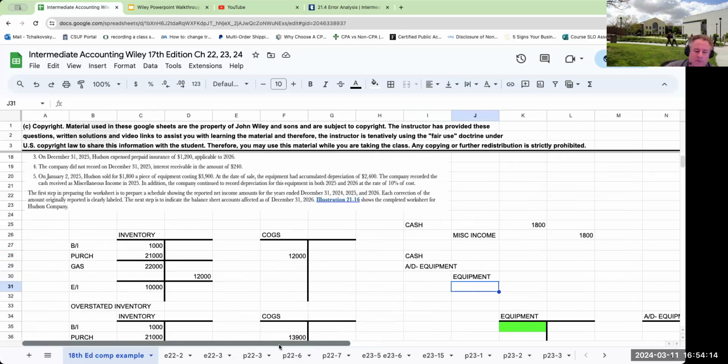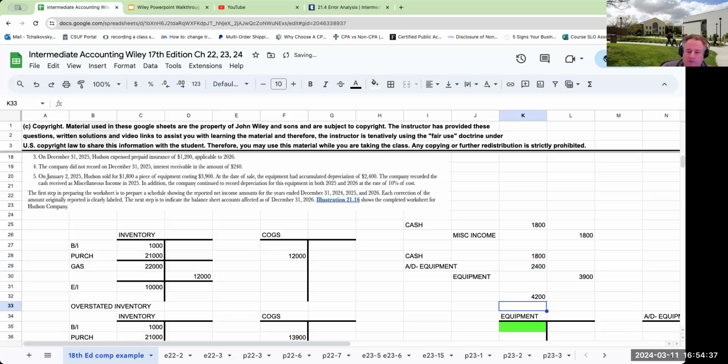Now, when it comes to this over here, the equipment basically had a balance of 3,900. And then over here, the accumulated depreciation on the equipment was 2,400. So had I done this journal entry correctly, I would look at my total debits and my total credits.